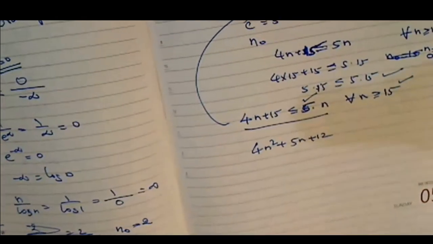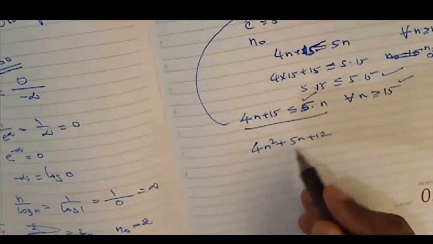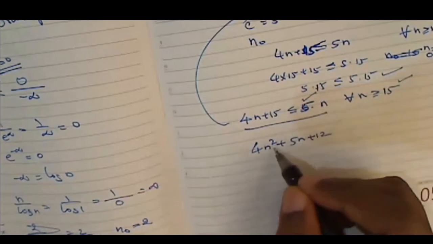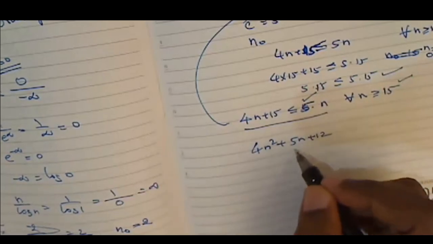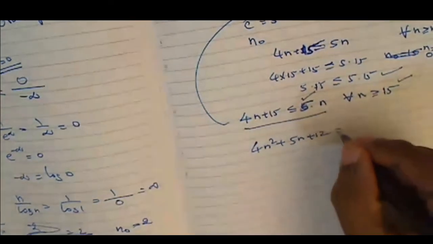Whether I should take this or this or both, what will be the asymptotic value? Actually we have to take the maximum. If you take n square as the maximum, some properties will come later on so that it will be clear. For the time being, let us assume we take the maximum value.